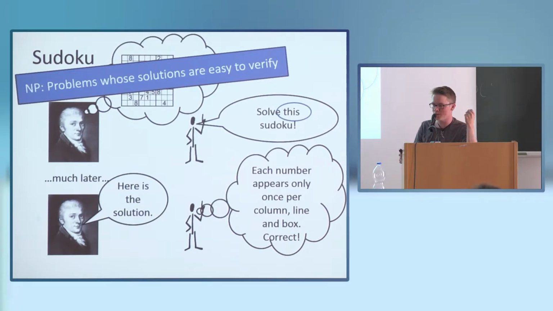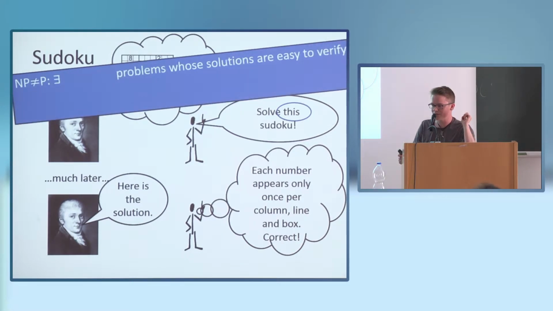But of course we want hard problems, and so the hope is, or if P is equal to NP, then there exist problems which are hard and whose solutions are easy to verify. So now we're going to live entirely in NP.